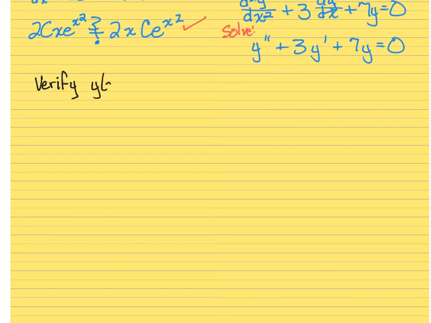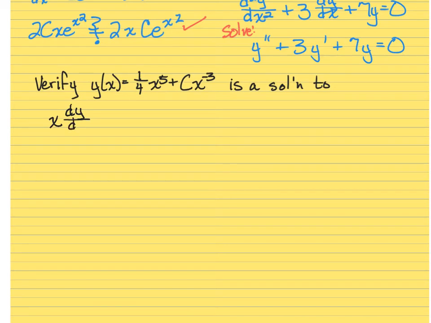So verify that y of x equals 1/4 x to the 5th plus c x to the minus 3 is a solution to the differential equation x dy/dx plus 3y equals 2x to the 5th.